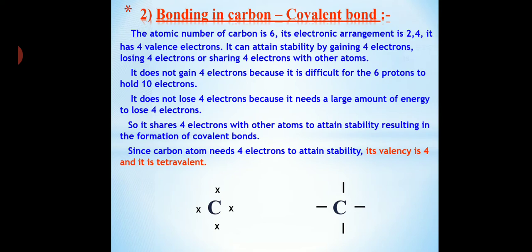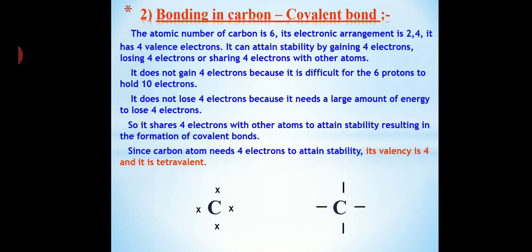That is complete transfer of electrons. Here, complete sharing of electrons takes place. A covalent bond is formed by the sharing of electrons. Remember that. That is the main difference.